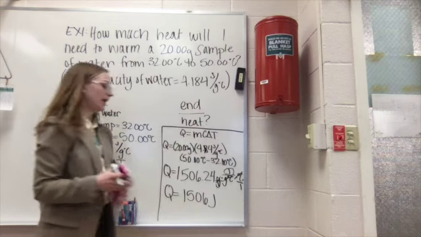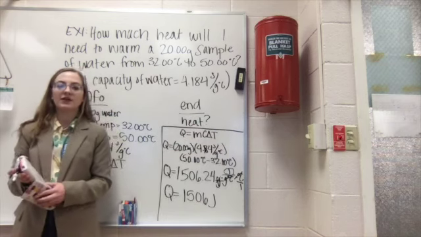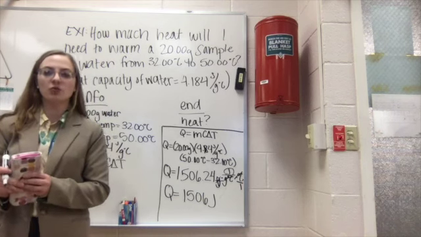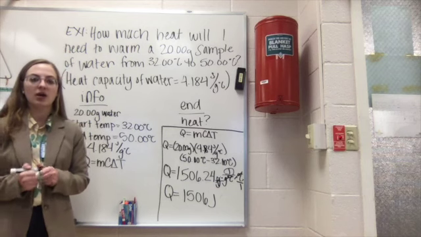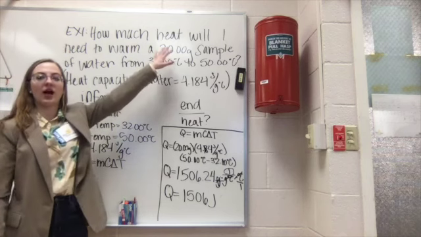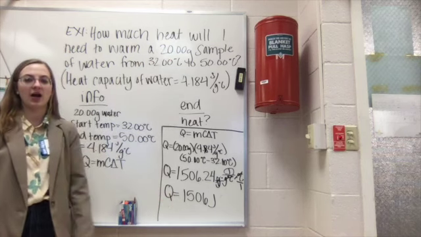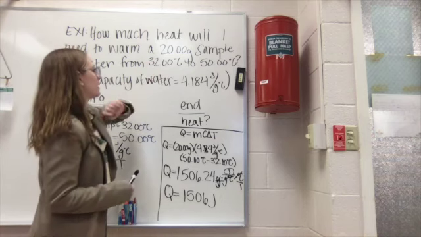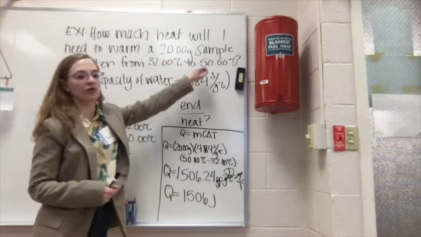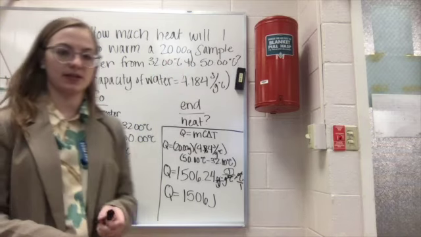So my answer in the end is 1,506 joules, because my 2 keeps my 6 the same when I'm rounding. In the end, we were looking for how much heat we had. We figured out how much heat it was going to take to heat our 20-gram sample of water from 32 degrees Celsius to 50 degrees Celsius.